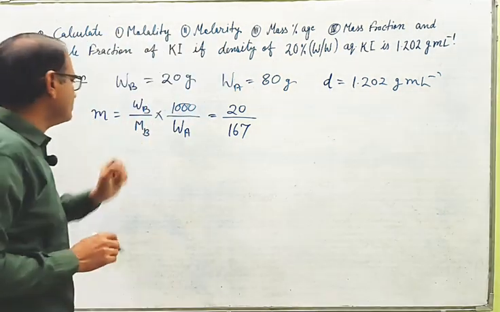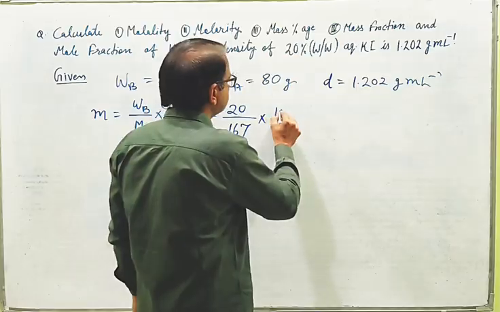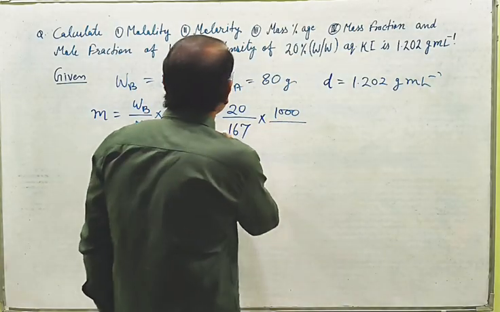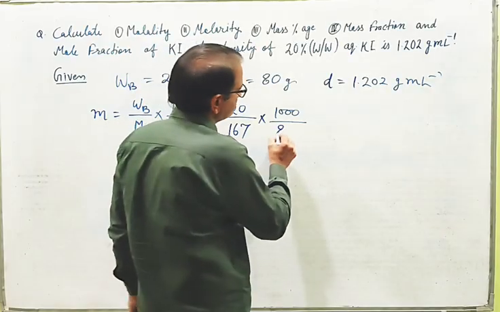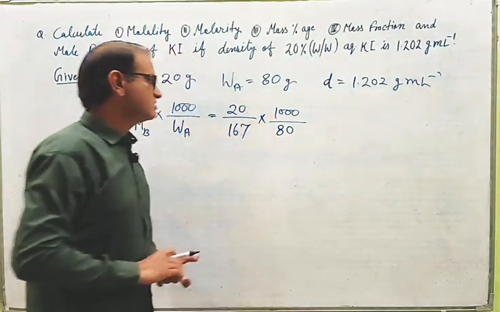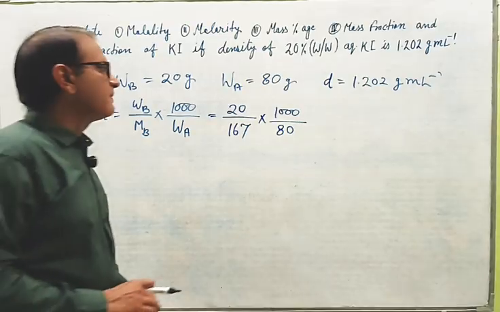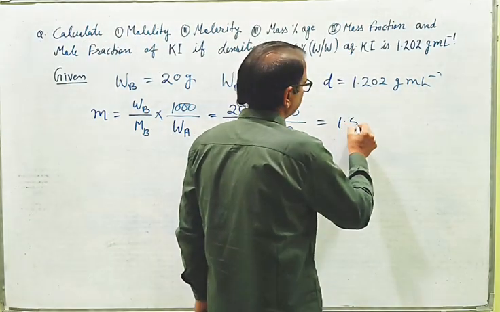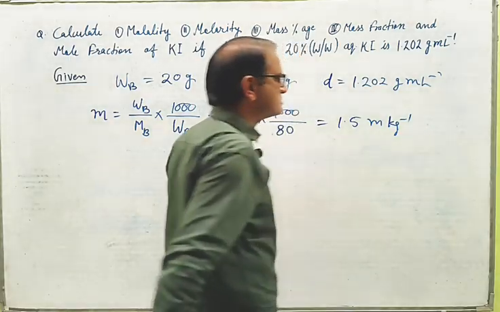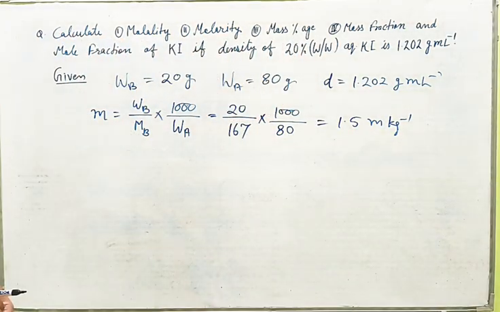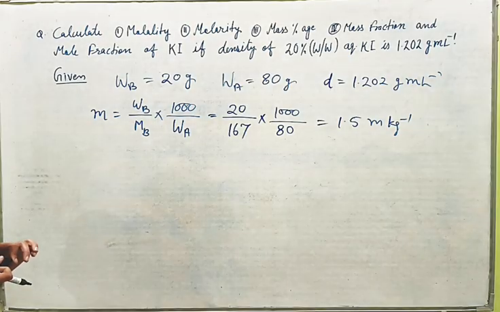So Mb, the molar mass of KI, is 167, into 1000 upon Wa. Wa is 80 gram. Putting all the values, the answer will be 1.5 mole kg inverse. This is the unit of molality. So this is how we can calculate molality.